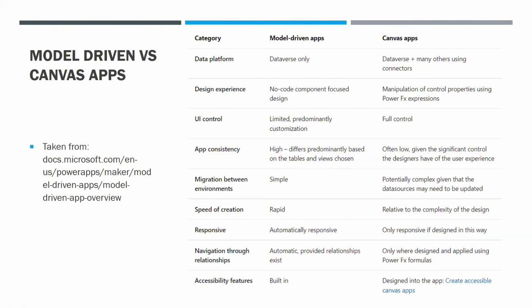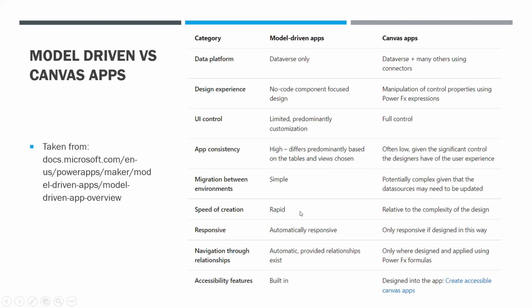In model-driven app, the app is consistent because it is generated. It is responsive automatically because it is generated by automated code. Whereas in Canvas app, the consistency is low. You have to make sure that you create your user interface and your look and feel consistent across the different forms or pages. And it is only responsive if you design it this way.